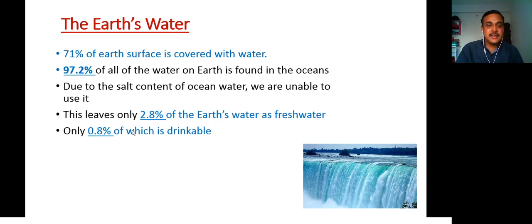Then out of this 2.8% of Earth's fresh water, only 0.8%, approximately 1% of water, is available for drinking purposes, that is, potable water. So this is about the distribution of water on the Earth's surface.